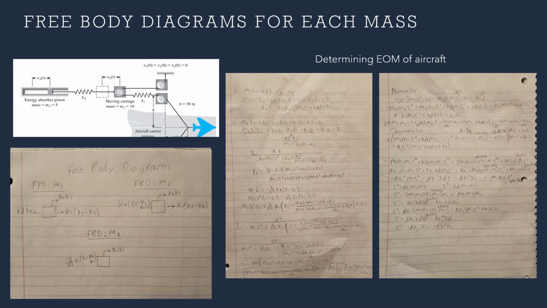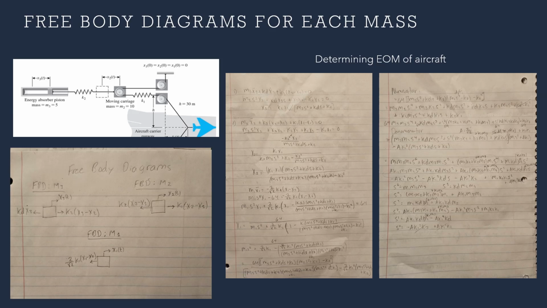After we have x3, since mass 2 is dependent on x3, what we can do is write out the equation of motion for m2, as we can see here, and solve for x2. Now, having x3 and x2 allows us to plug it into the equation of motion for the plane.